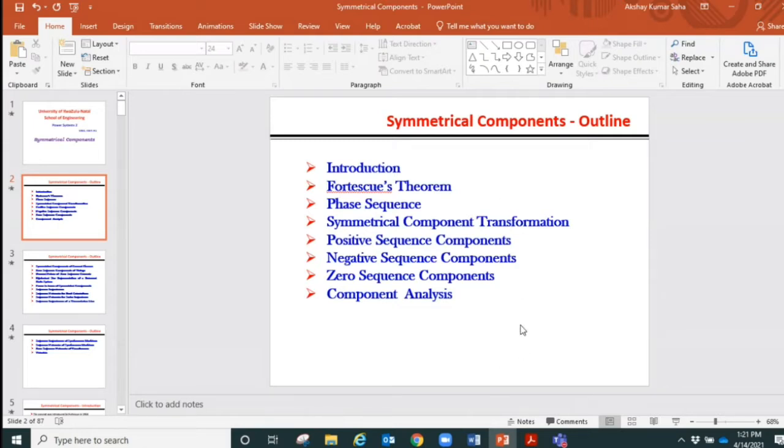But this theorem is also applicable for the symmetrical faults that we learned in Power Systems 1. So this is such a good theory that covers all the asymmetrical faults, and it also includes symmetrical faults. Everything is covered in this theorem that we will learn in this symmetrical components chapter.